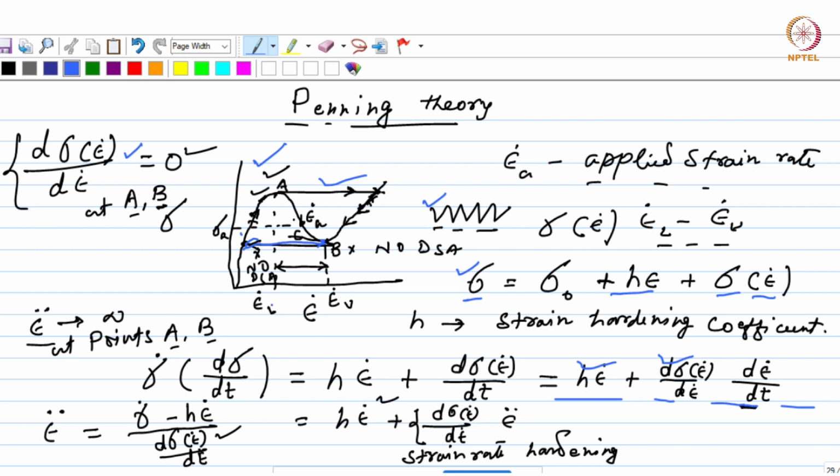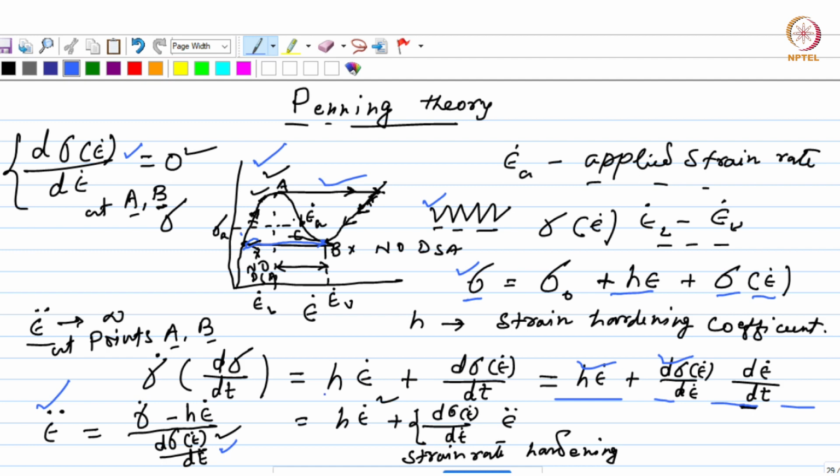And now if you put that over here in this equation which expresses the epsilon double dot, then you would see that at points A and B, when the denominator becomes 0, the epsilon double dot will tend to become infinity.